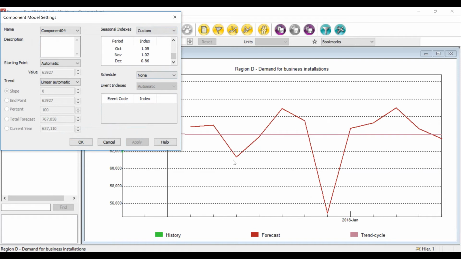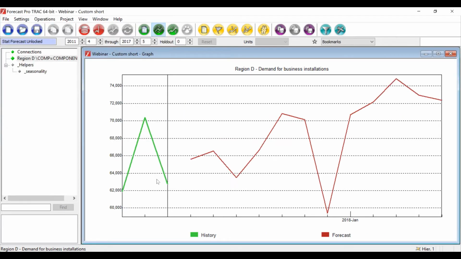So that's good. On the other hand, the trend is still flat, and we know we're in a growing industry. So rather than doing the automatic trend, which was no trend, I'm going to do a linear customized trend. I could do this a bunch of different ways, but I'll just say we expect to have 750 units a month in terms of trend line growth.